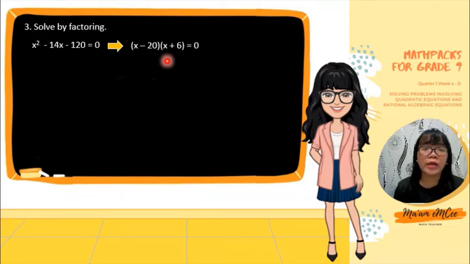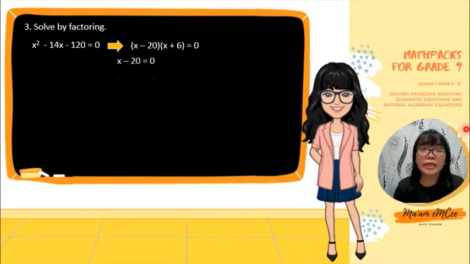If one is negative and the other is positive, the rule says we need to subtract, then we copy the sign of the bigger number. In this case, 20 is bigger than 6, so we follow the original sign of 20, which is negative. That is why we have here negative 14. So indeed, the factors of x squared minus 14x minus 120 are x minus 20 and x plus 6.